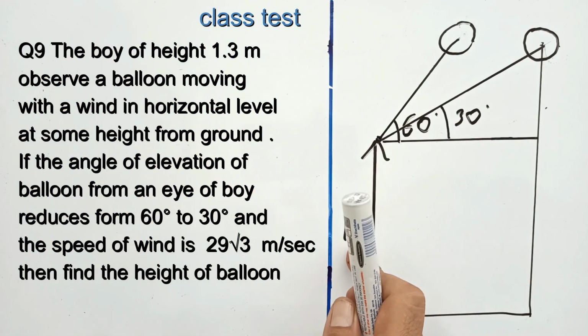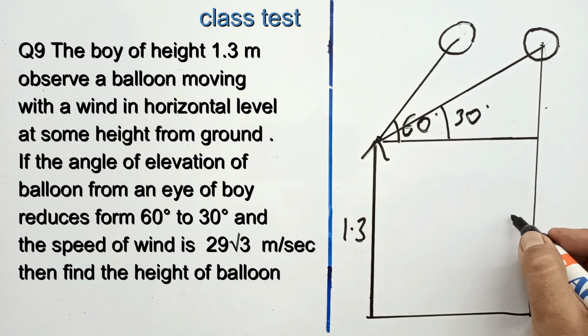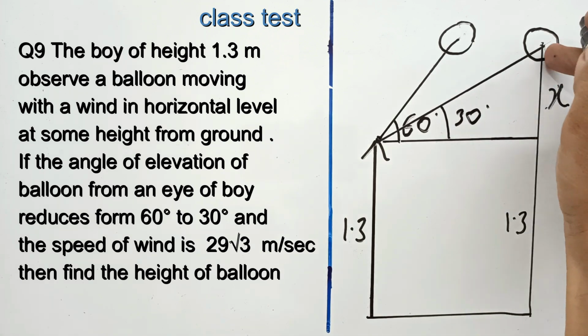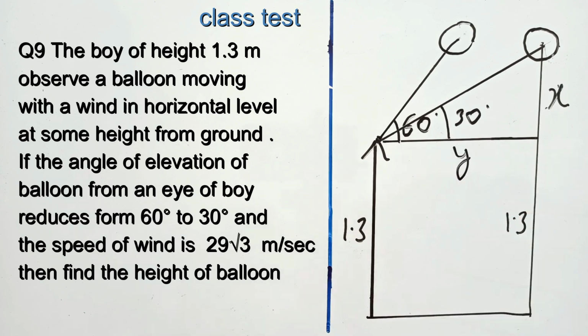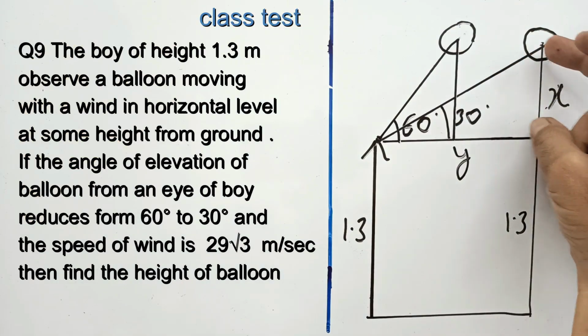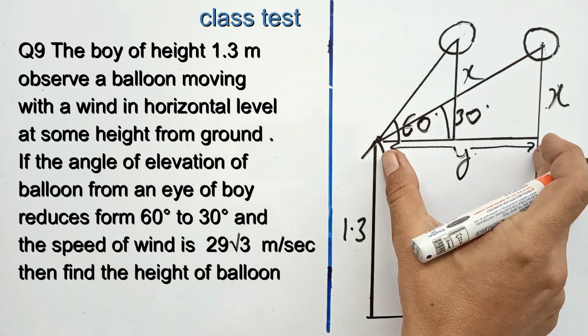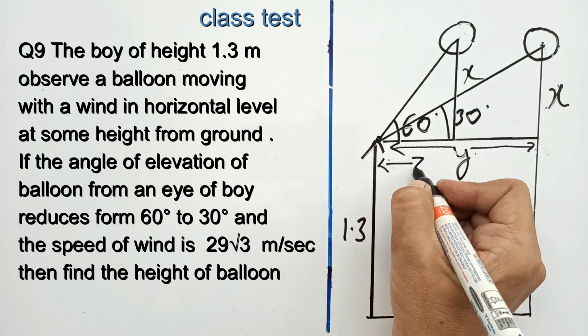Geometrically you can observe that the height of the boy is 1.3, so this side will also be 1.3. We need to find this height, then we will add it. Suppose this height is x and this horizontal length is y. This height is x, so geometrically this will also be x. This horizontal level is y and let us suppose this is z.